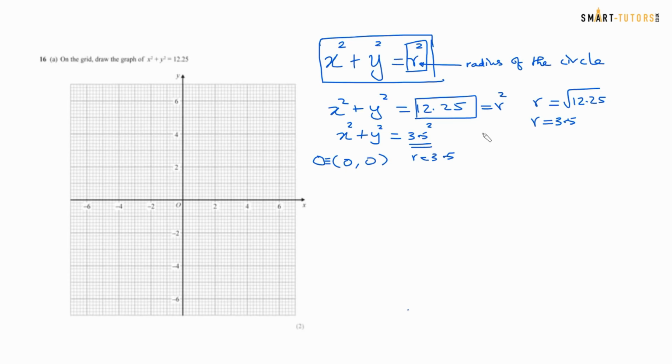The 2 marks are given in order to draw the circle. Let me draw that one. So 3.5.